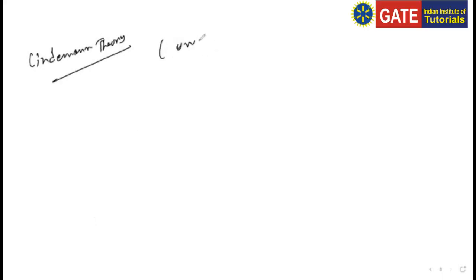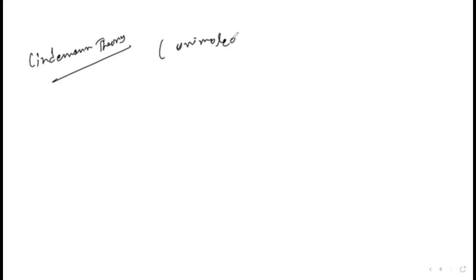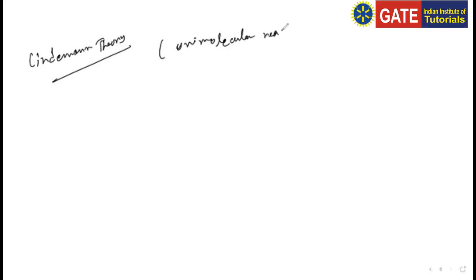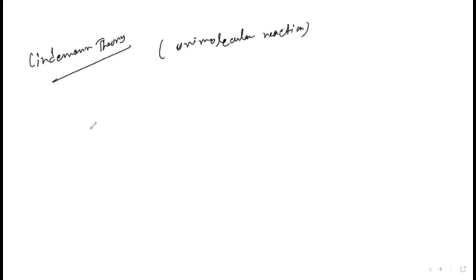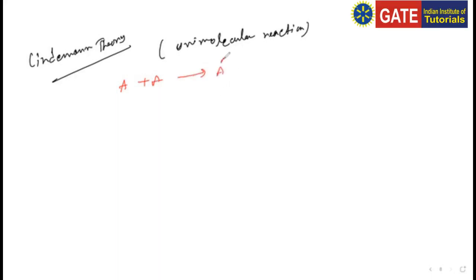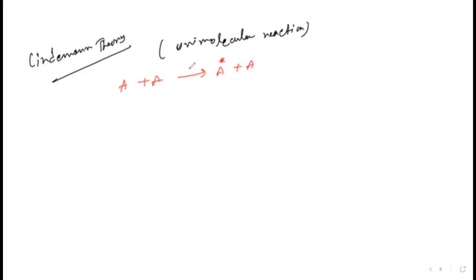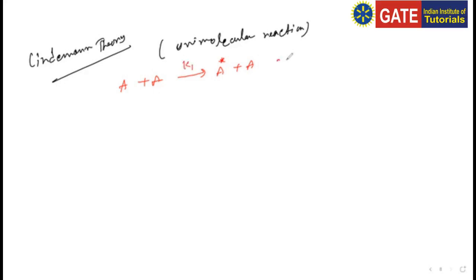Lindemann theory. This is for unimolecular reactions. So what is the case? He suggested A reacting with A giving activation of the molecule, A star plus A. This is the K1, the activation step.